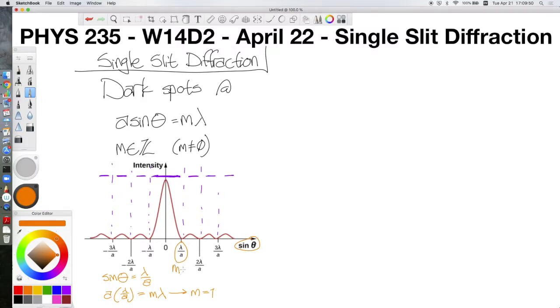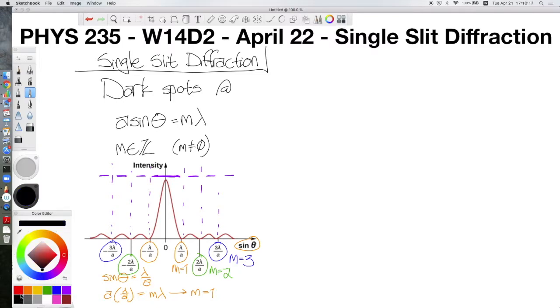So this that I've circled in orange is the m equals 1, or the m equals minus 1, dark spot. The next one over that I'm circling in green would be the m equals 2 dark spot. And further over in blue, this is the m equals 3 dark spot. But all of these refer to the dark spots, not to any of the bright spots.